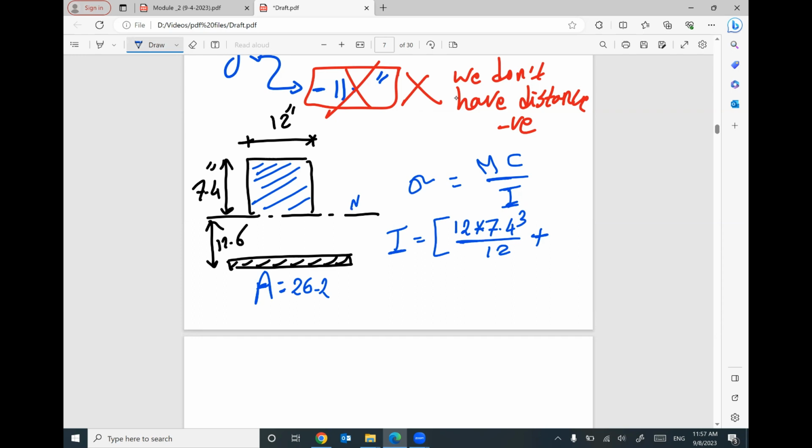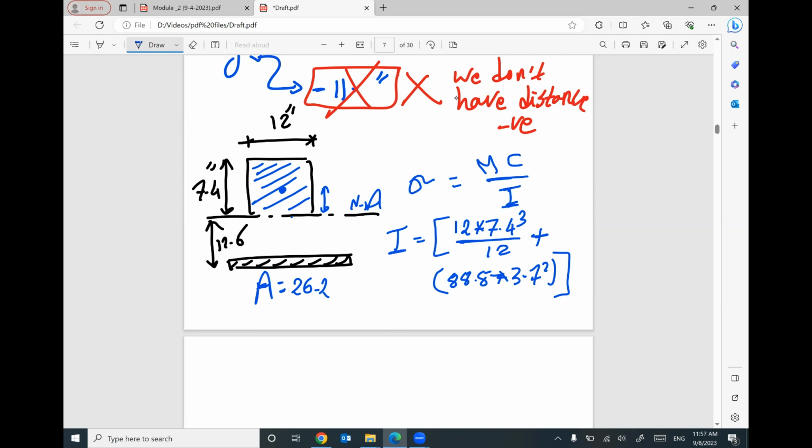Since your neutral axis is far away from the centroid, I have to add another value, which is the area, 12 times 7.4, which is 88.8, times the vertical distance between the centroid and your neutral axis squared. This distance will be 3.7 squared.